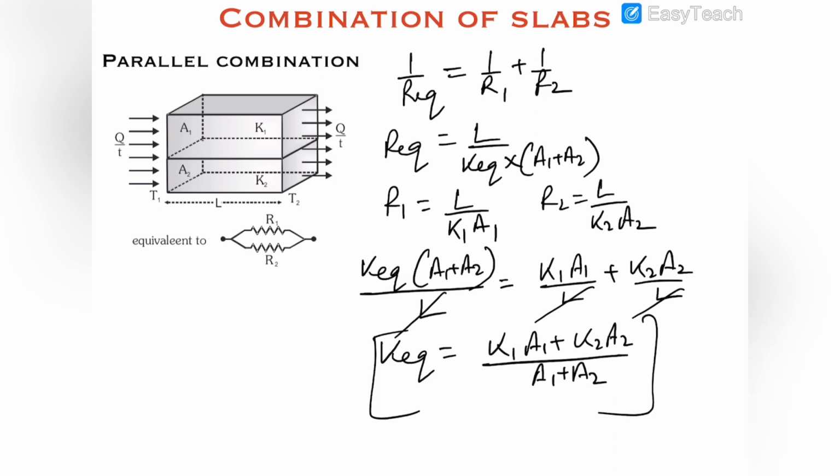Now if the area is equal, if A1 is equal to A2, then K equivalent will be equal to K1 plus K2 by 2.